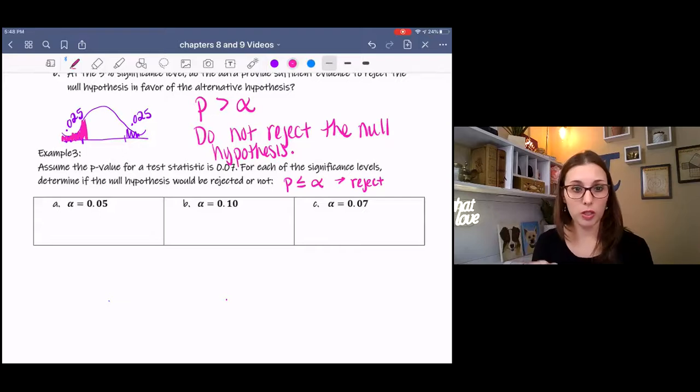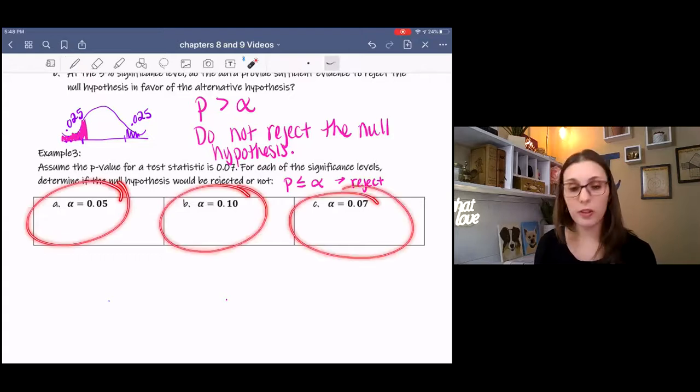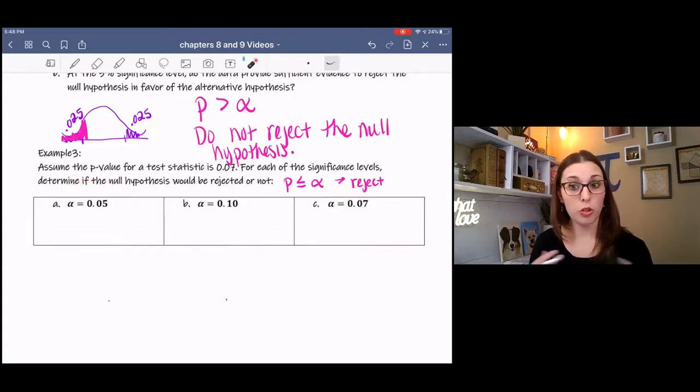The p-value for this one is 0.07, and you're going to make a decision on each of these significance levels as to whether you reject or not. So go ahead and pause it and try it, and then come back and check your answers.